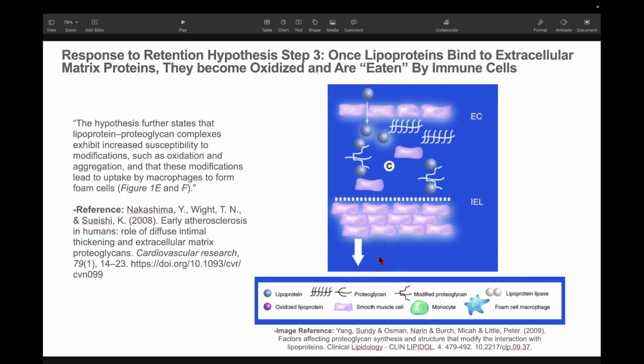We're going to see the macrophages in just the next slide, but what we're seeing here is lipoproteins moving across the wall. They've already increased that extracellular matrix. You have this inflammatory stimuli that increases the extracellular matrix, but once the lipoproteins start to bind in and they oxidize, they can also increase those extracellular matrix proteins. And here you see them bound to the extracellular matrix proteins now.